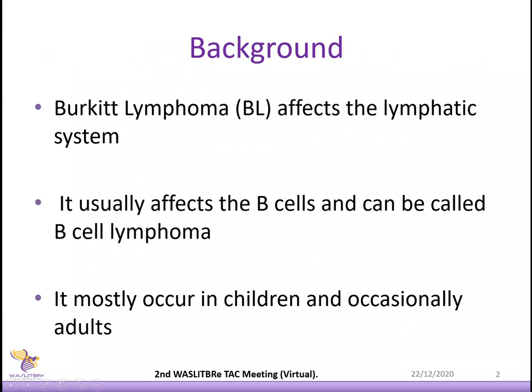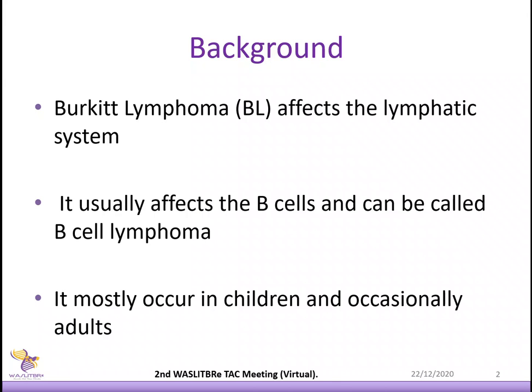Okay, so Burkitt lymphoma is a childhood cancer that mostly affects the lymphatic system. This includes the lymph nodes, the white blood cells, and other cells of the body. It usually affects the B cells, as I said earlier, and sometimes we call it the B cell lymphoma.